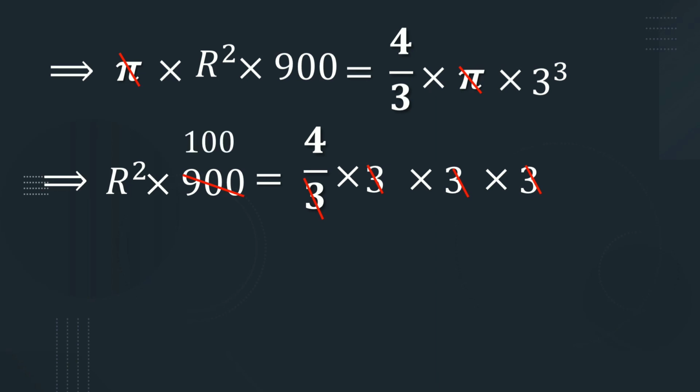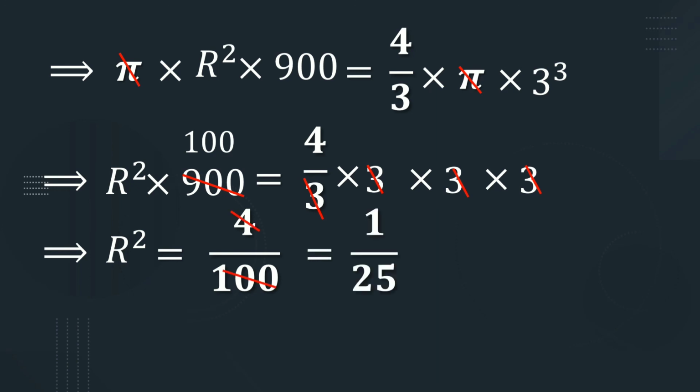Both are in numerator, so we can solve it. It implies that R square is equal to 4 by 100. We can also cancel 4 and 100 here. 4 ones are 4, 25s are 100. So that is equal to 1 by 25.